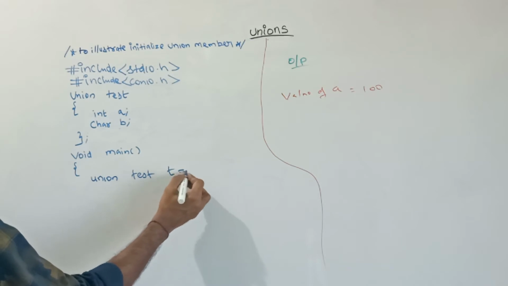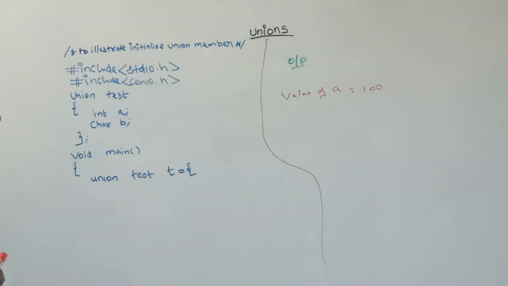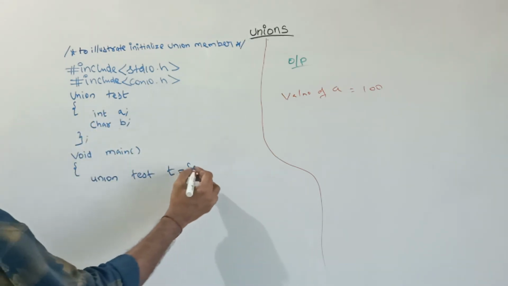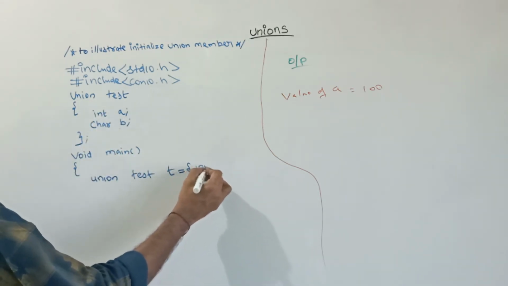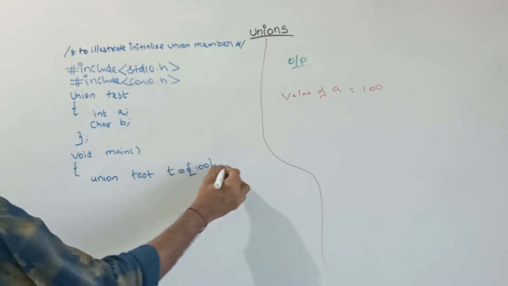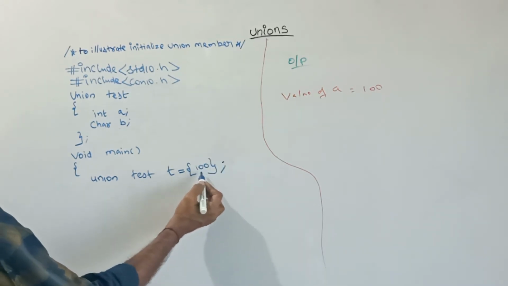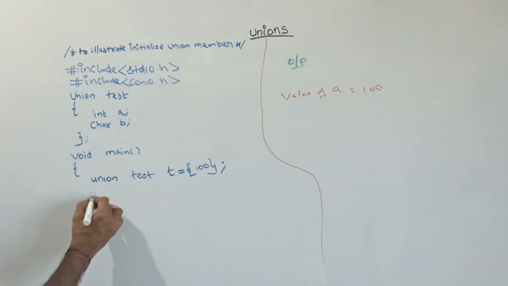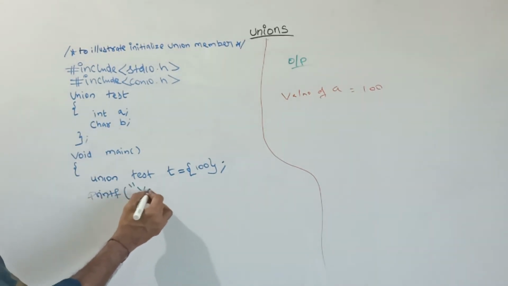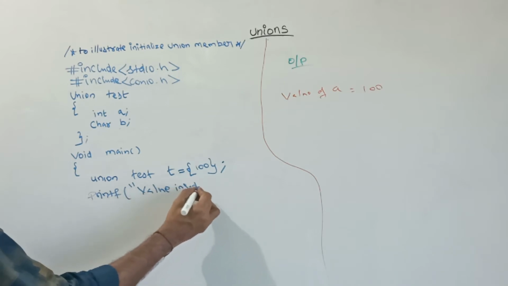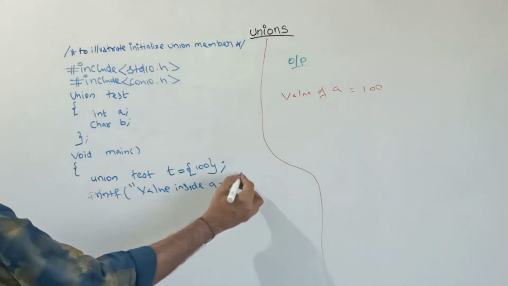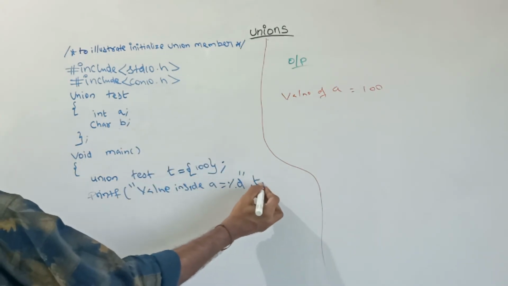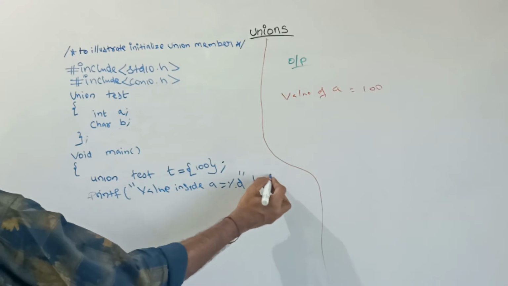Here I am initializing the value. We can initialize within the braces. For a union only one value you should give. Suppose I am giving 100, then within these braces only one value you should give for the union. Next I am telling it to print. Next we can access the member like this: first the union variable name, after that the member name.